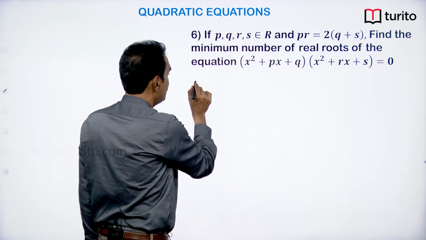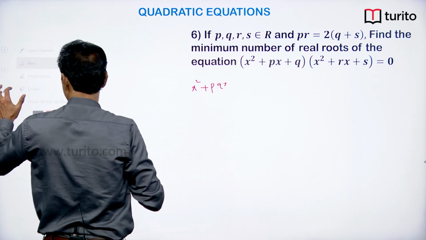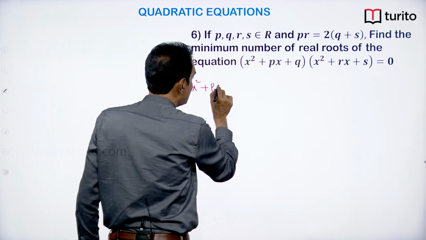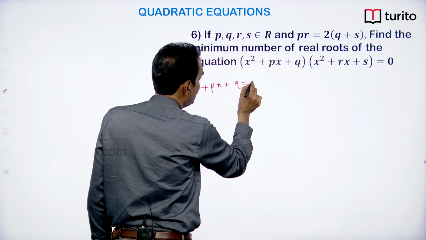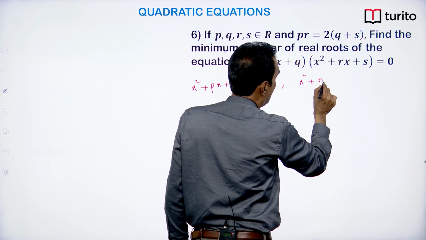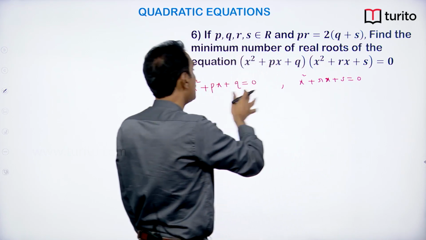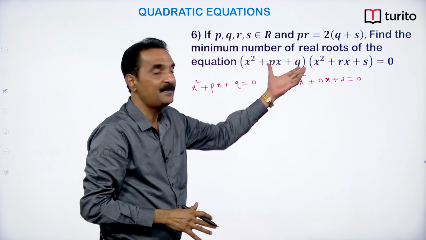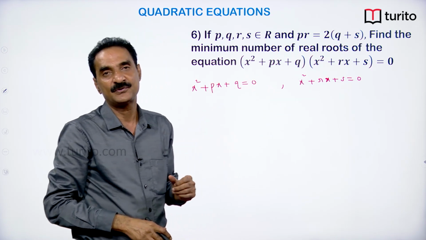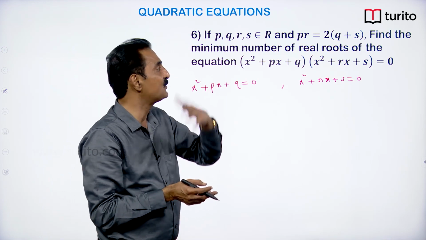So x square plus px plus q is equal to 0, and we get x square plus Rx plus s is equal to 0. Total number of roots of this equation will be 4, because this quadratic equation will have 2 roots, this equation will have 2 roots. Out of 4 roots, what is the minimum number of real roots?